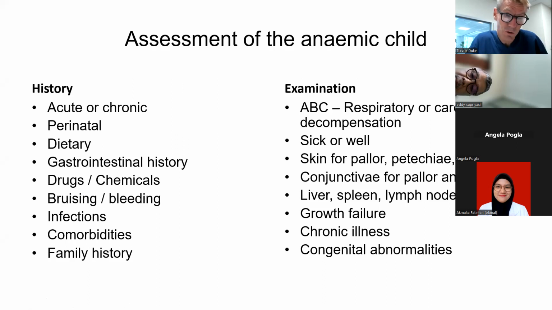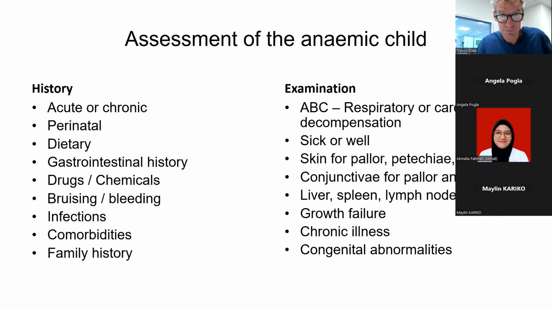Then ask also about comorbidities or other illnesses the child has, and ask about a family history, because there are many different causes of anemia where there is a family history involved, whether it's thalassemia or sickle cell disease or hereditary spherocytosis or some other form of red cell membrane defect. You need to ask a family history.